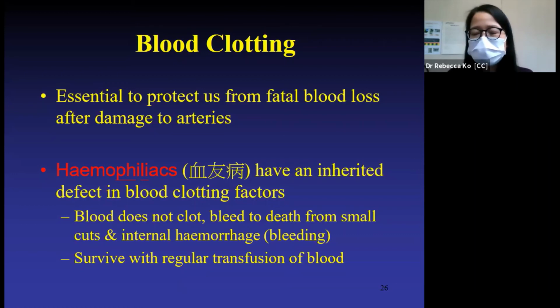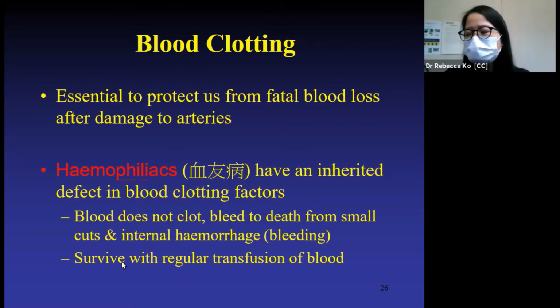This group of people we call hemophiliacs. They have to prevent themselves from any injuries, any damage to the blood vessels. Otherwise it is serious, because their body doesn't know how to stop bleeding.